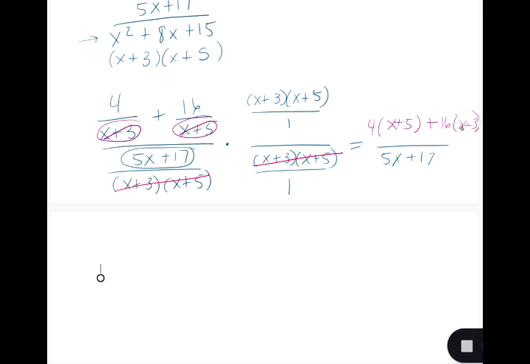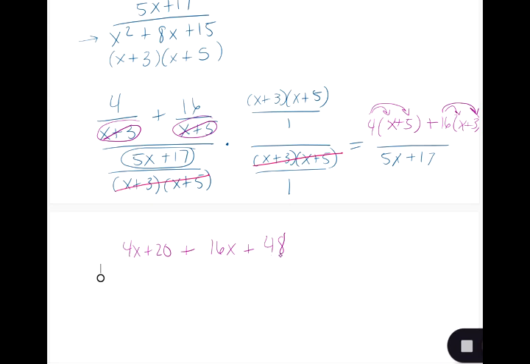So now I need to go ahead and multiply out and simplify just to make sure that there's not going to be anything that cancels or anything that happens. So I'm going to do 4 times x and 4 times 5, which gives me 4x plus 20 plus 16 times x plus 16 times 3, 48.